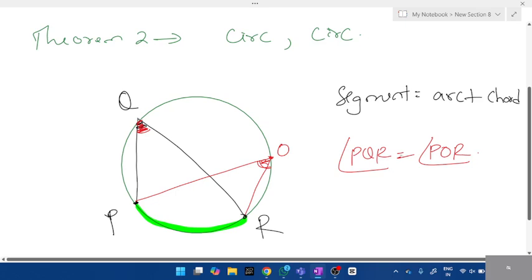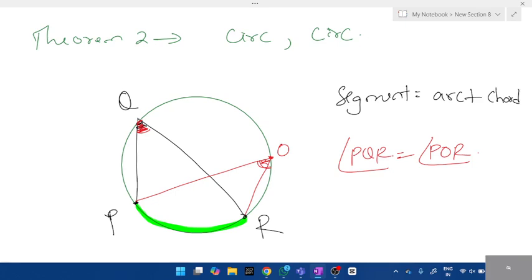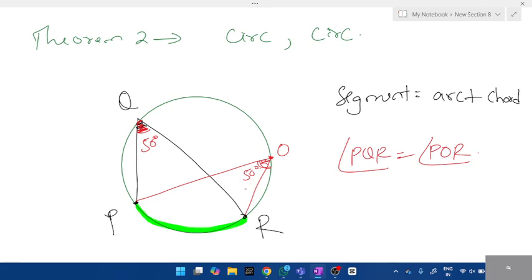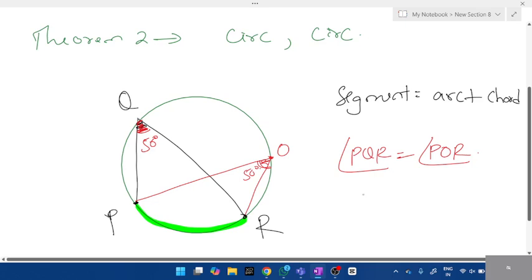Make a note of this. If PQR is 50 degrees, POR also will be 50 degrees.